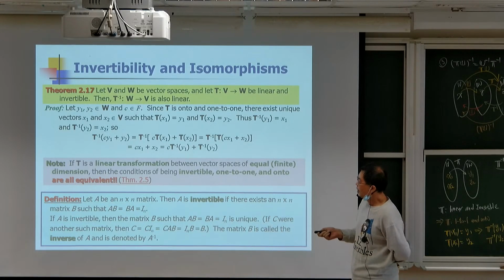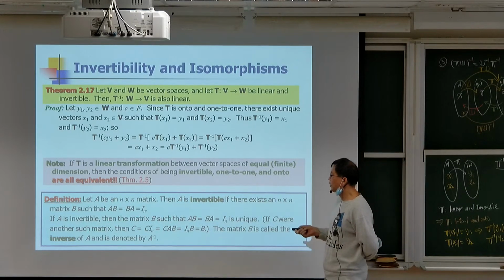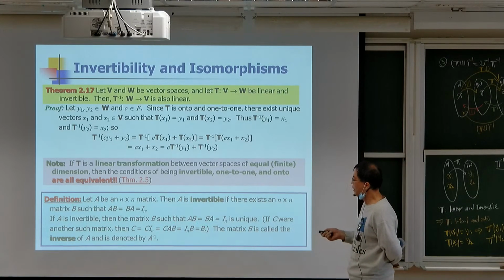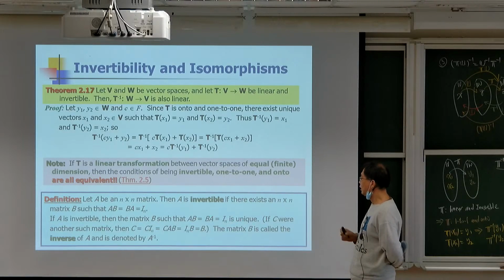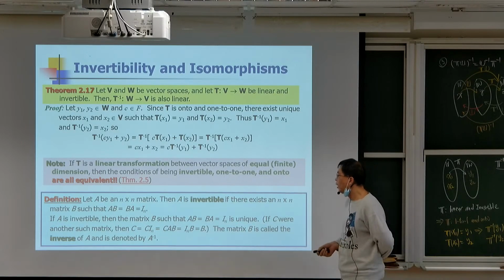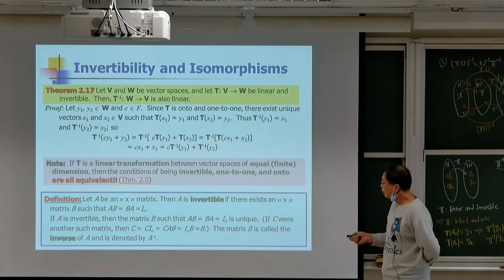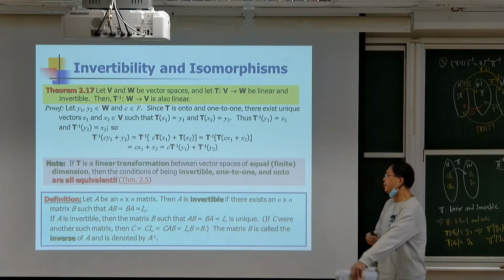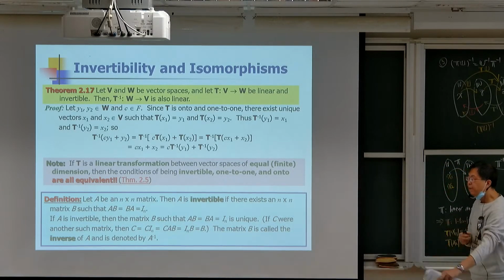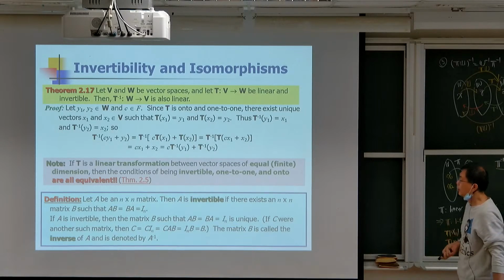Okay, so if A is invertible, then the matrix B such that AB equals BA equals I_n is unique. This one is unique. And so the matrix B is called the inverse of A, and we denote it as A inverse. So now we have the inverse matrix definition here.